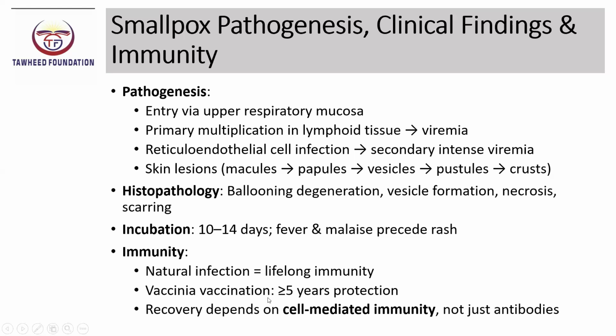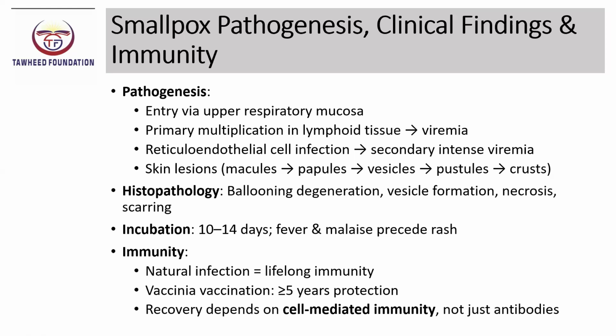Immunity: an attack of smallpox gave complete protection against reinfection. Vaccination with vaccinia induced immunity against variola virus for at least 5 years and sometimes longer. Antibodies alone are not sufficient for recovery from primary pox virus infection.